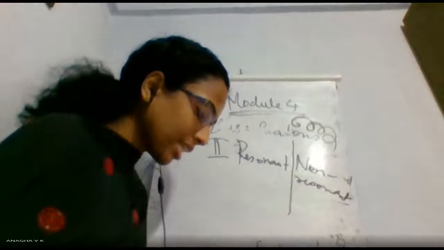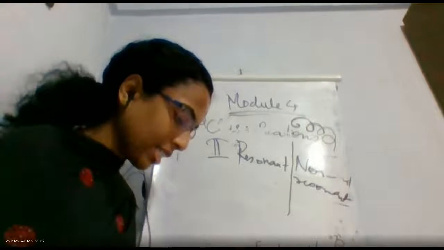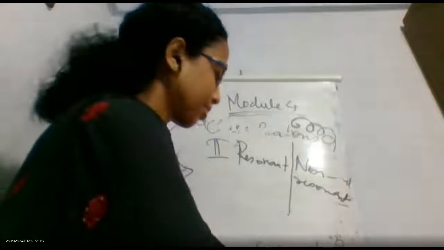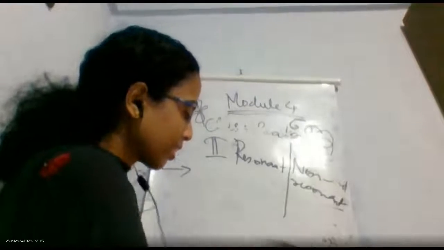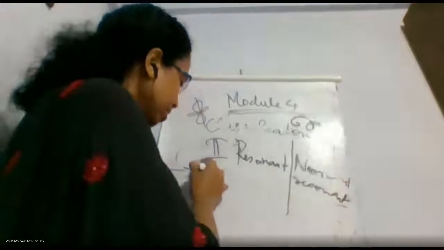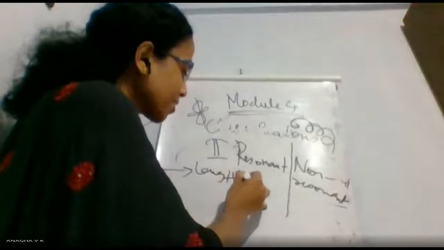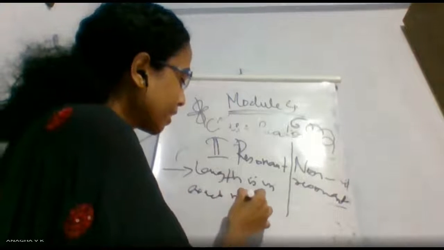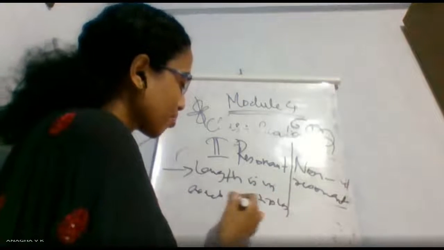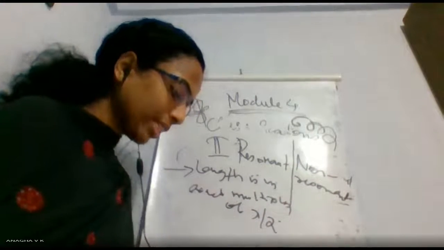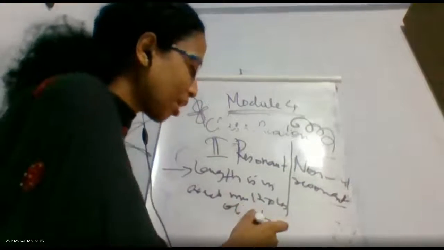What is the case in resonant? The length is in exact multiples of lambda by 2.